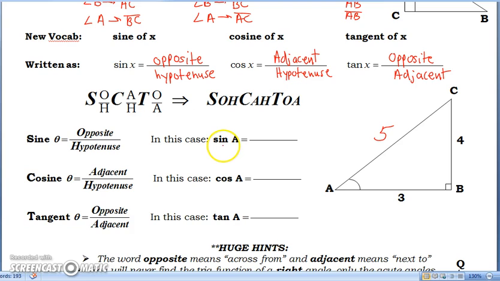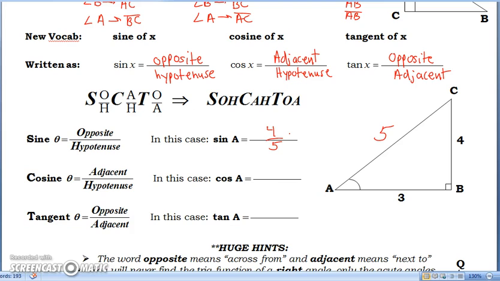When I ask you for the sine of A, you find the angle A. SOHCAHTOA says that the sine is opposite over hypotenuse. What is the opposite side from angle A? That's 4. What is the hypotenuse? That's always 5. So the sine of A in this particular example is 4 over 5.